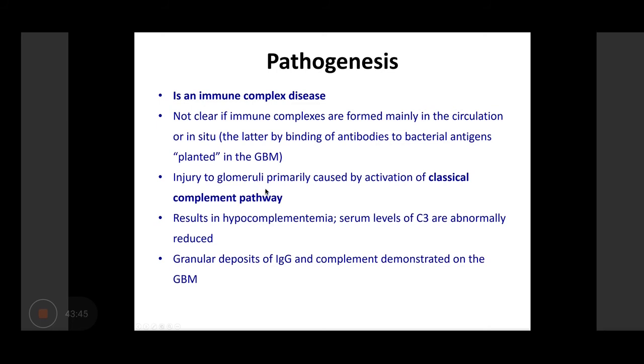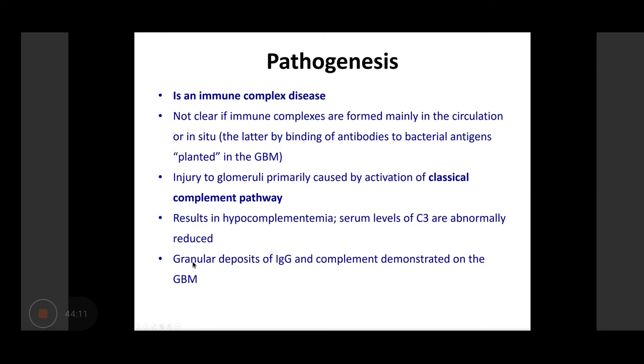Once the antigen-antibody complexes are deposited in the kidney, they cause activation of the classical complement pathway. Remember, in acute post-infectious GN, you will have activation of the classical complement pathway, not the alternate pathway. This will lead to a fall in complement levels, but in this case both C3 and C4 levels will be decreased.